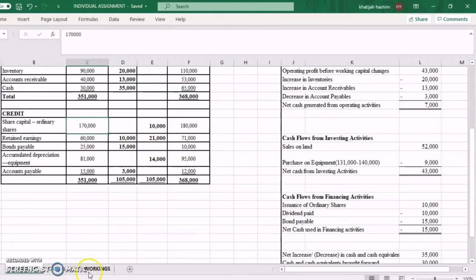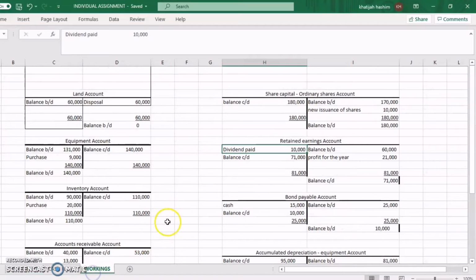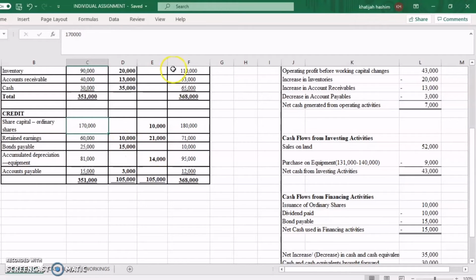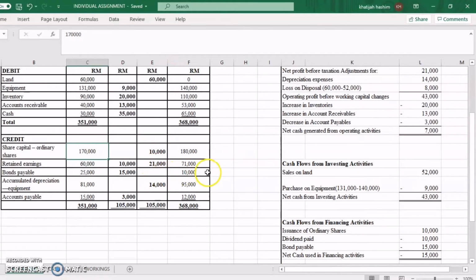I put them there to show you the working of the retained earnings account. On the debit side, we have the dividend paid of 10,000, as the additional information said the dividend paid is 10,000. On the credit side, the profit for the year is 21,000, the net profit before taxation. So we put 10,000 on the debit side and 21,000 on the credit side. So the ending balance is 71,000.